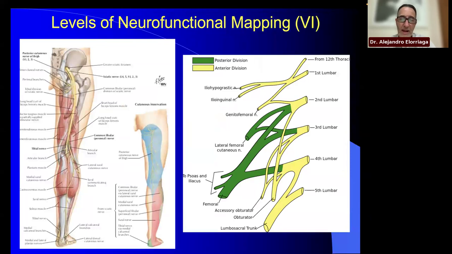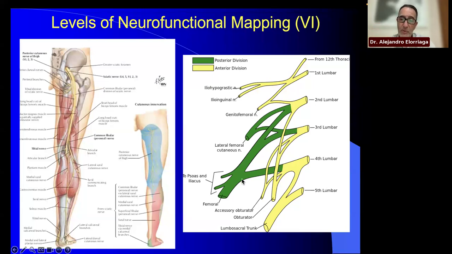Obviously, for the anterior rami, you need to know exactly the plexuses, where the nerves come from, which ones have anterior divisions of the anterior rami, like the yellow here, or posterior divisions of the anterior rami. Posterior divisions, remember, go to innervate what's behind, which is the extensor side, while anterior divisions of the anterior rami go to innervate the things that are in front, which is the flexor side.